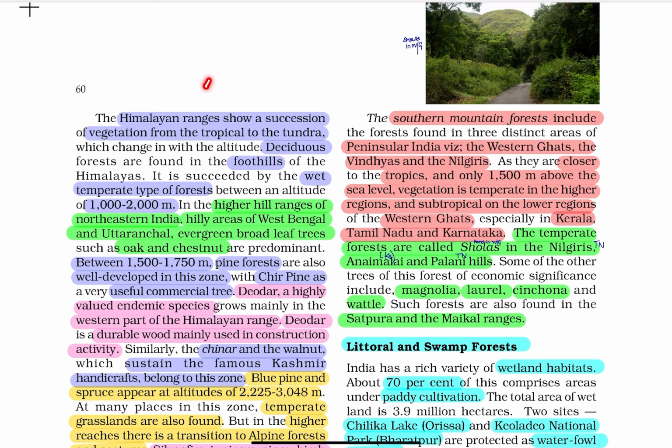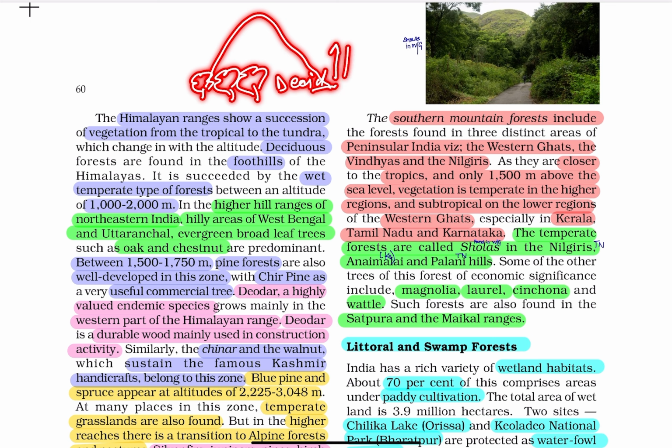Remember, if these are the Himalayas, in the foothills you will find the deciduous type of forest. As you move up, we will find wet temperate type of forests. The temperature is decreasing with the increase in altitude, that's why the vegetation changes.